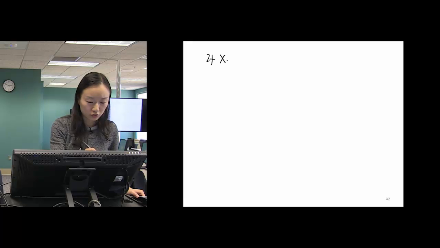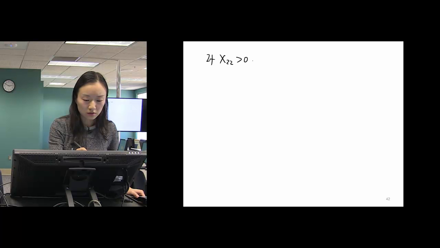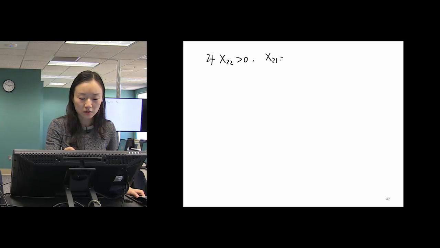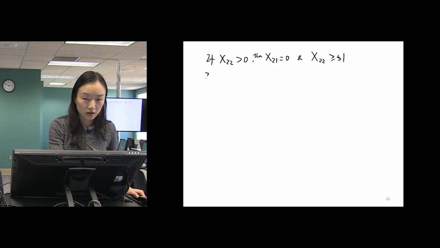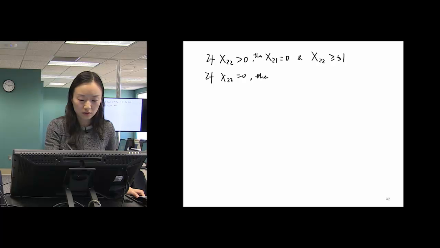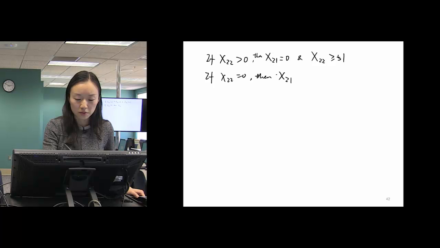If x22 is greater than 0, x21 needs to be 0. And at the same time, x22 needs to be greater than or equal to 51. And if x22 is 0, then x21 will be between 0 and 50.